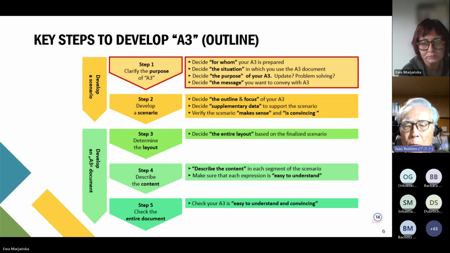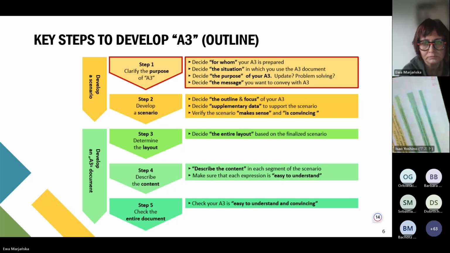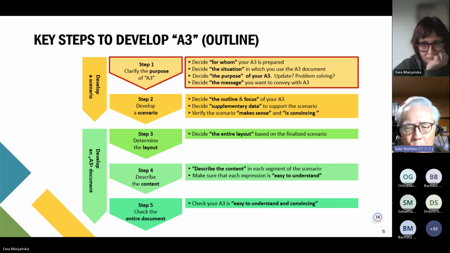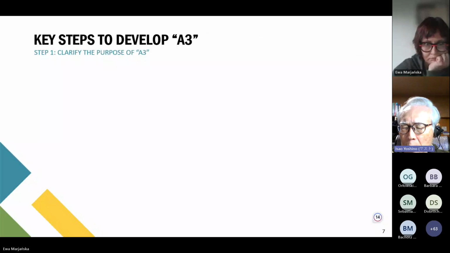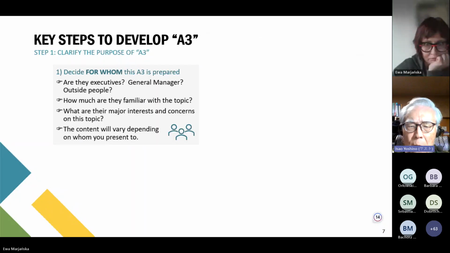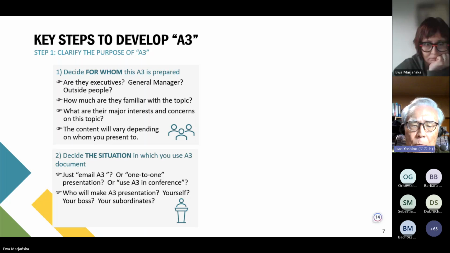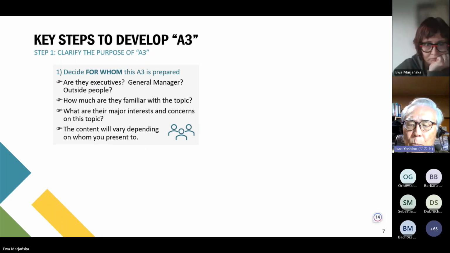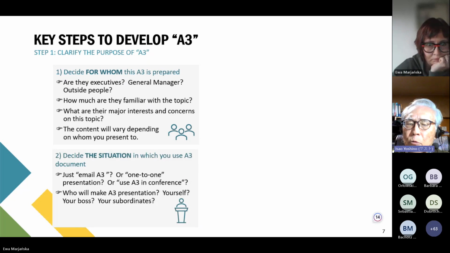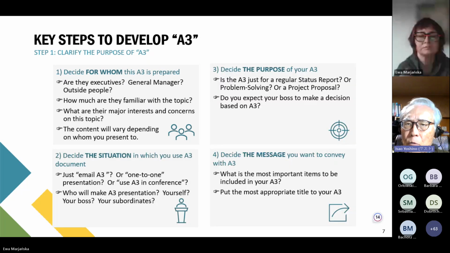So this is a kind of steps. Oh, I already talked about everything. The next one, I already talked about it, the next page 7: for whom, and the situation, the purpose, and the message. Anyway, the most important thing is that A3 is just one piece of paper.